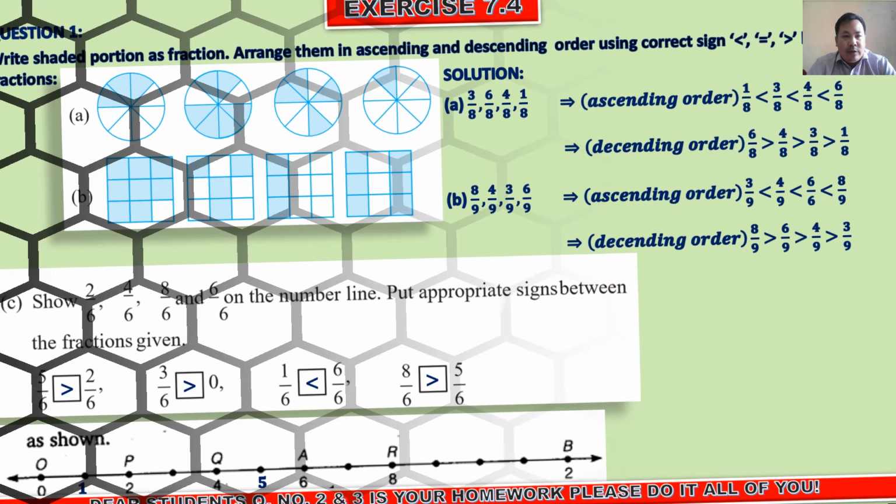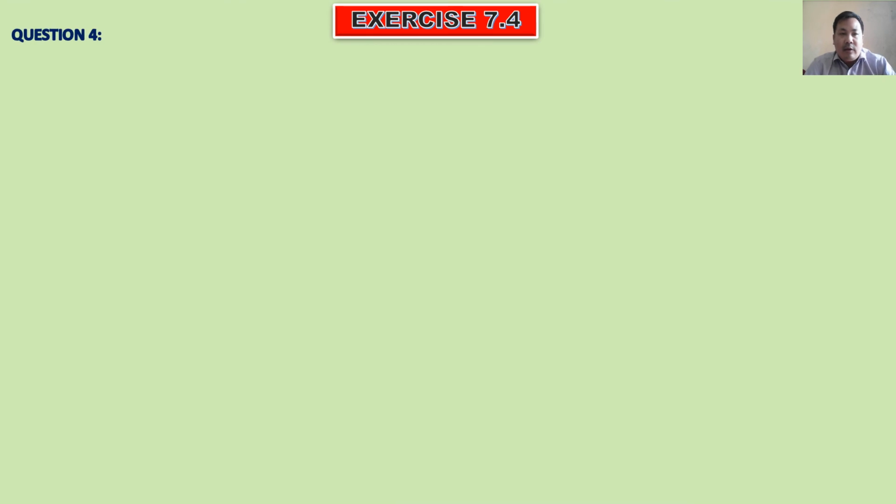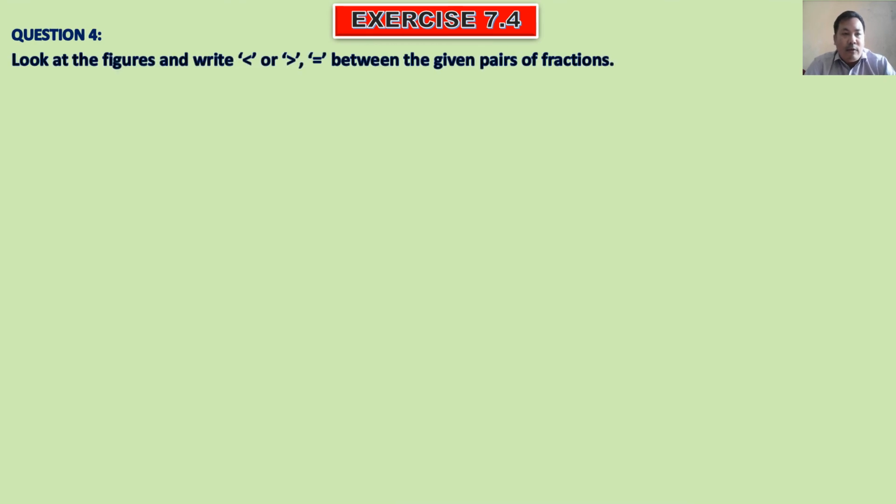In the next question we have question number 4. Yes, we have the same exercise. Question number 4 says: look at the figure and write the symbols, less than, greater than, or equal to, between the given pairs of fractions.